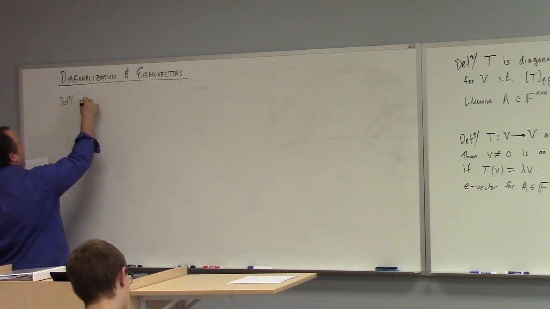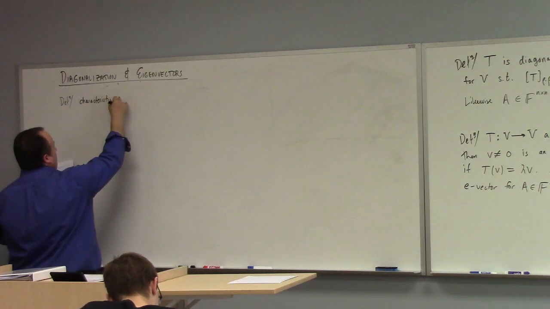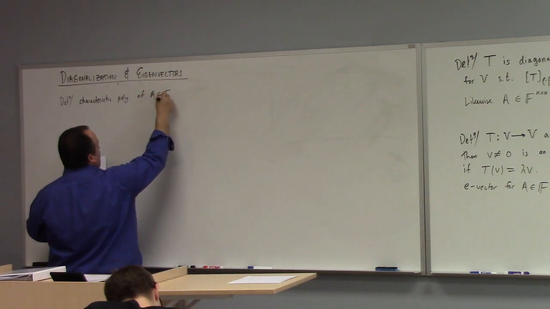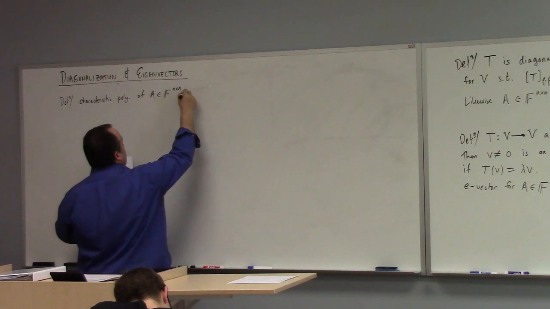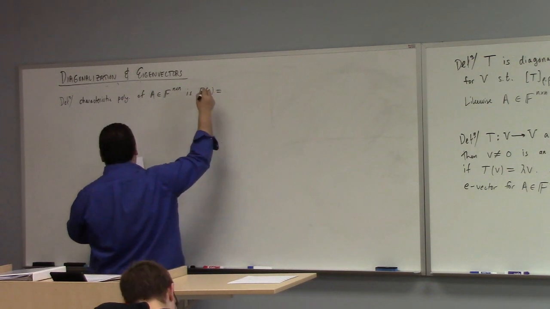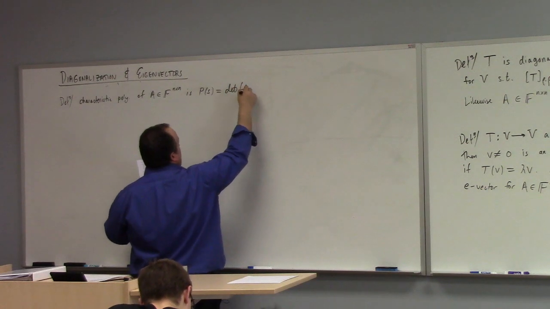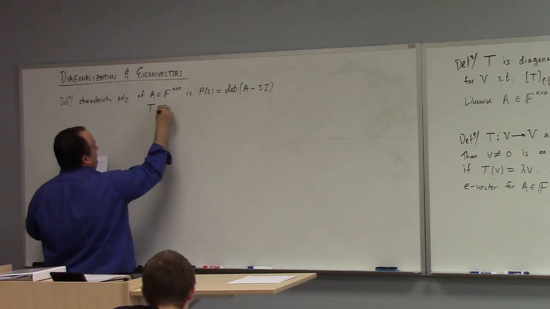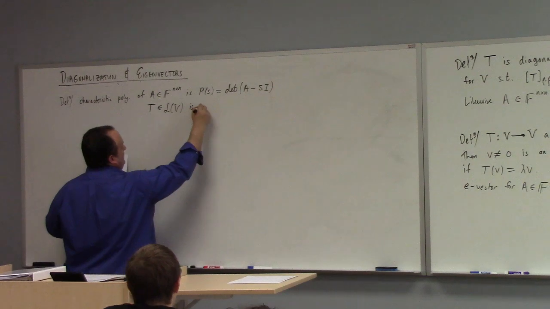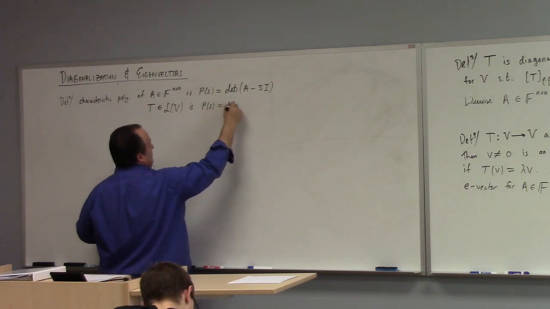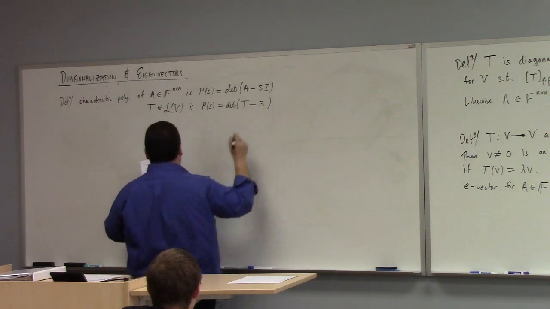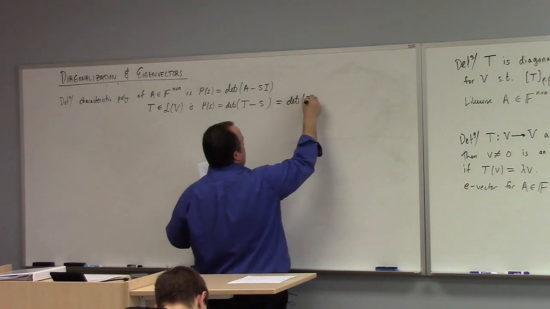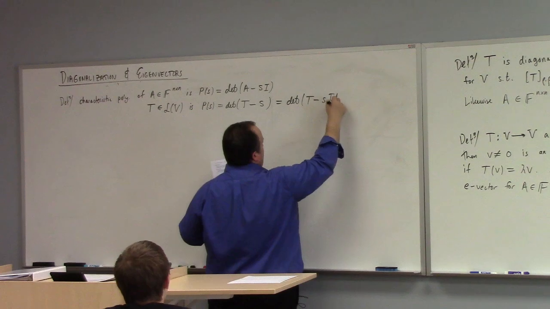The characteristic polynomial of A, and of course this is, as usual, an n by n matrix, is P of S equal to the determinant of A minus S times I. Likewise, the characteristic polynomial of T, an endomorphism on V, is P of S equal to the determinant of T minus S times the identity on V. There you go.